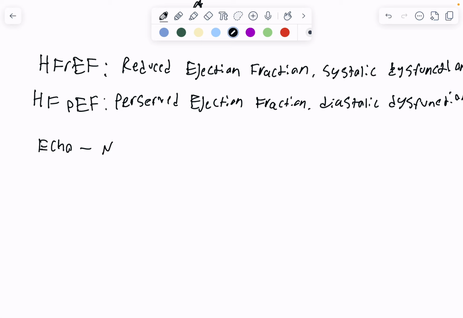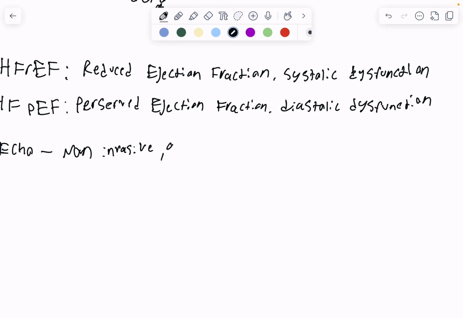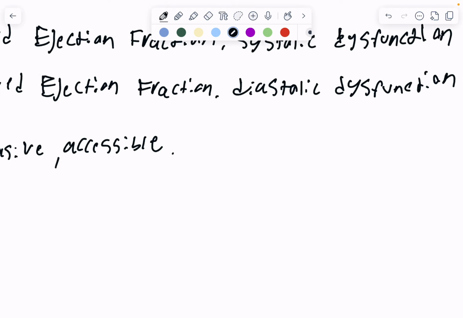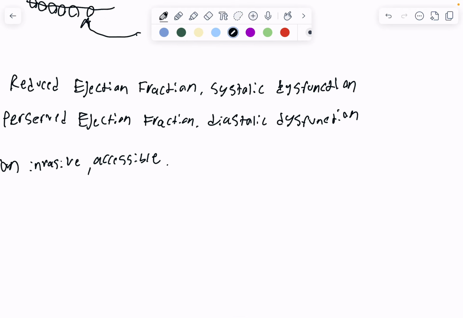It's non-invasive, which is huge, as well as pretty accessible. And it will be able to show the ejection fraction, so whether it's HFpEF or HFrEF, whether we have a low or normal ejection fraction. If we have a low one, it'll show HFrEF. If we have a normal or relatively higher one, it'll be HFpEF.